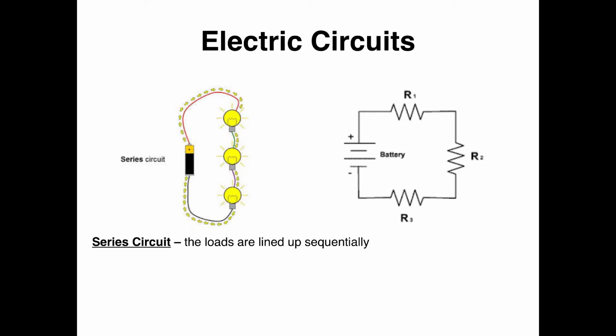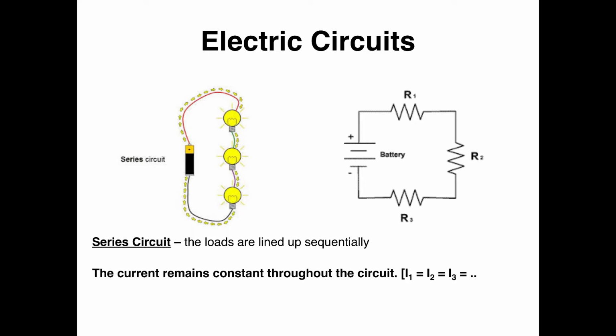The battery, or the source of electrical power, is shown on the left, and then the three resistances are shown as jaggedy lines, and this is just a standard way in which to write this. These two diagrams essentially show you the same thing.